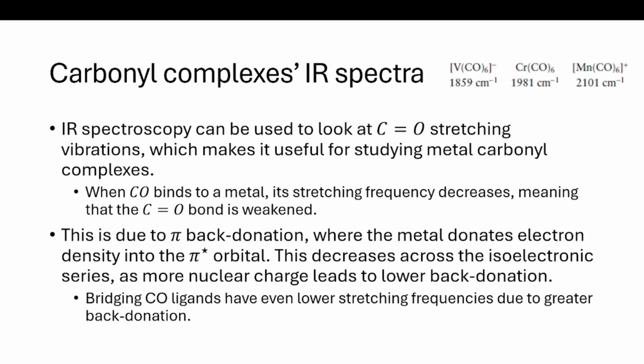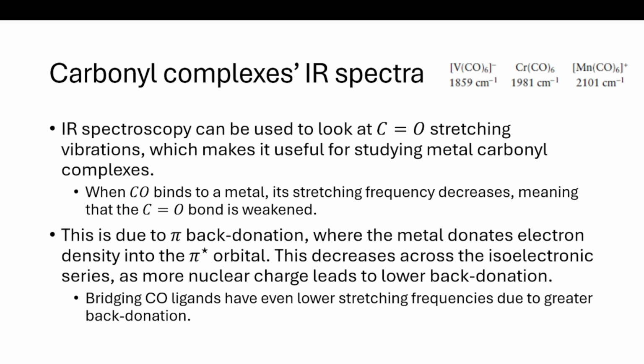Now, when it binds to a metal, its stretching frequency will decrease, and that's because the bond is weakened. Now, why exactly? Well, this is primarily due to pi back donation, where the metal will donate electron density into the pi anti-bonding orbital. And so that bond will get weakened, and therefore the stretching frequency will decrease.